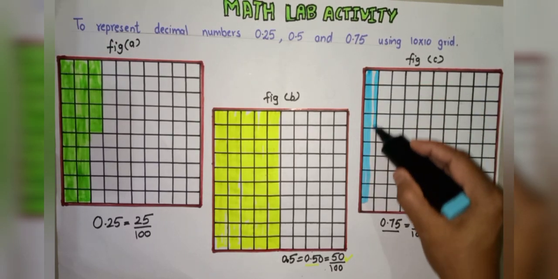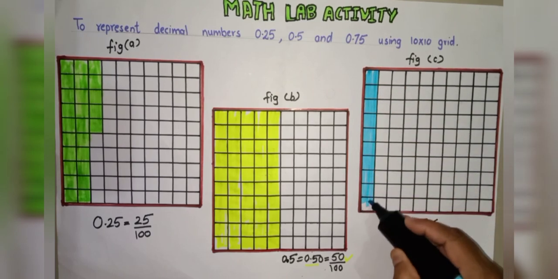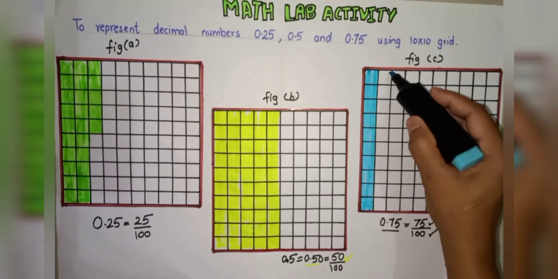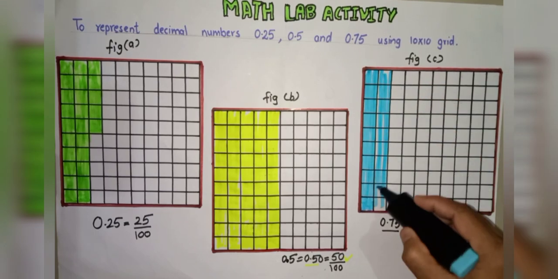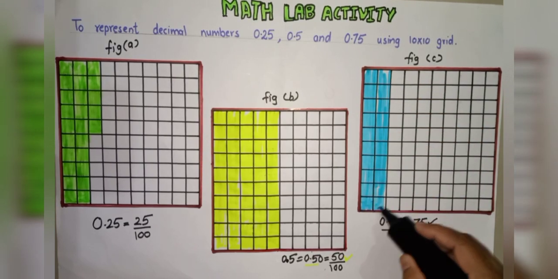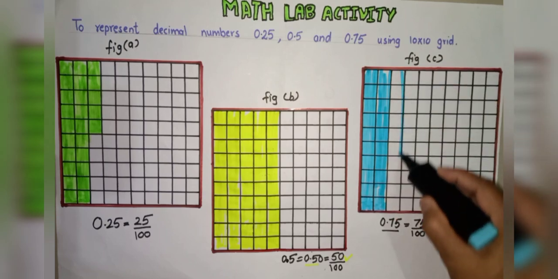Like this, children, you are also going to shade the 75. This is the first time I have shaded. Next, this represents 20 squares. Next, 30.